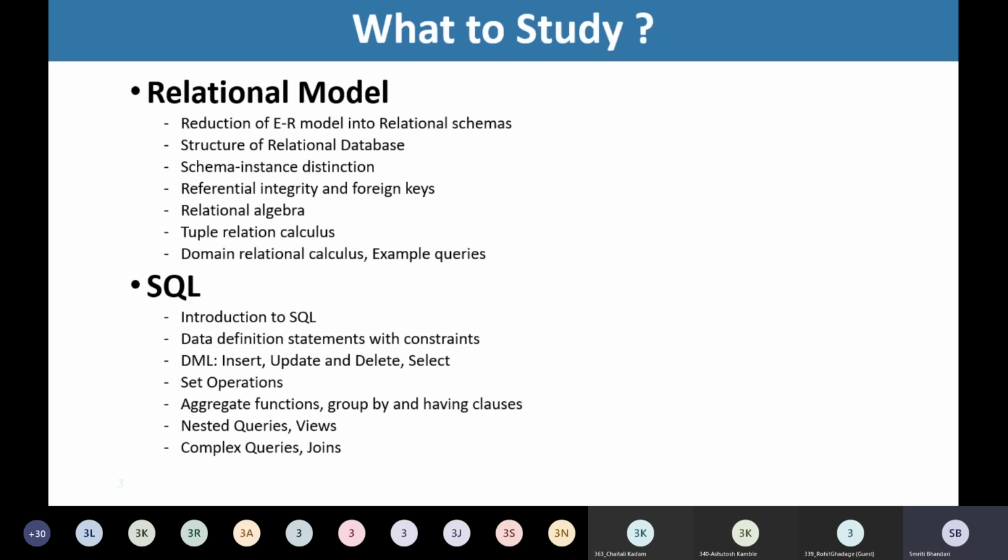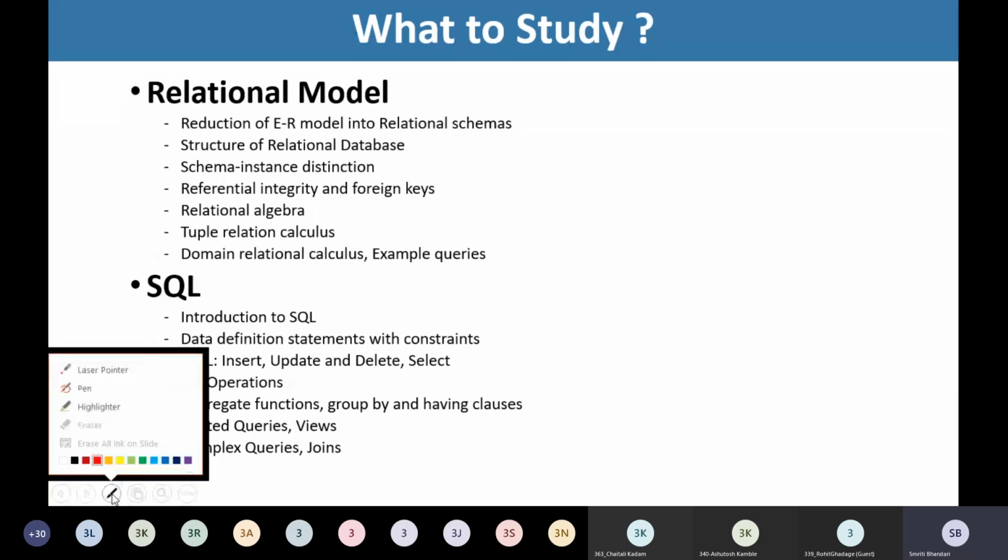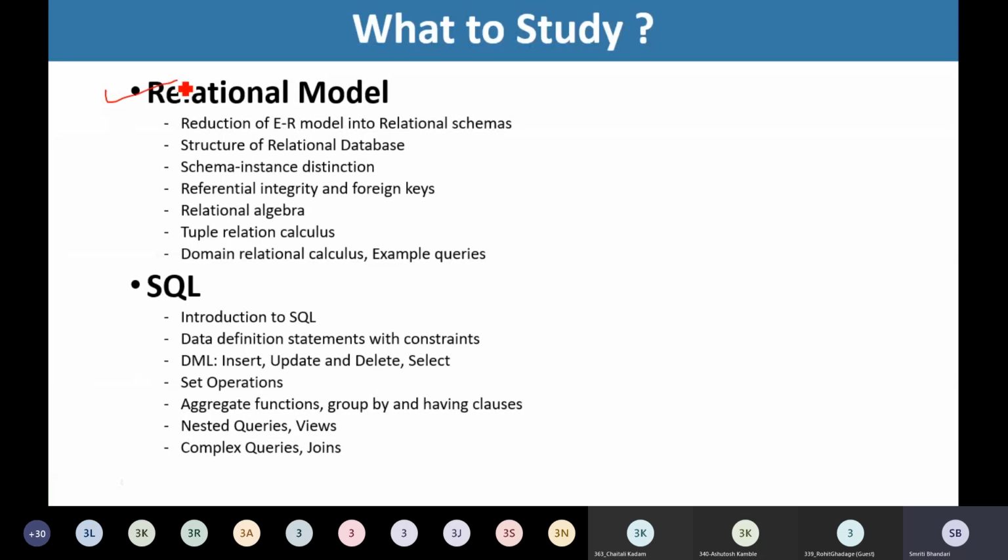In the first section, we are going to discuss the relational model, in which we will see how to reduce the ER model into the relational schema, then the structure of relational database, schema instance distinction, referential integrity and foreign keys.